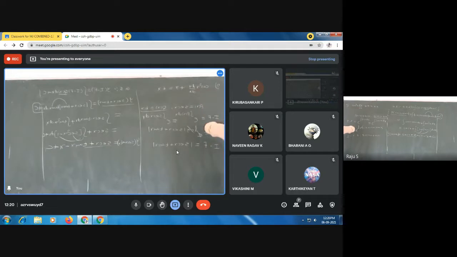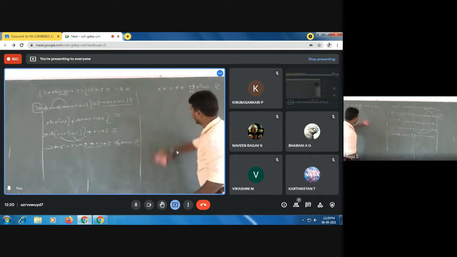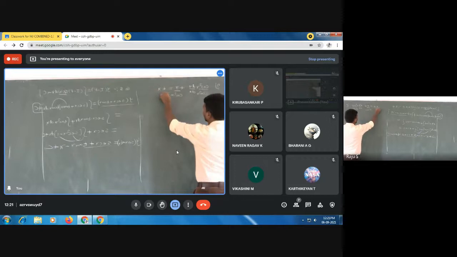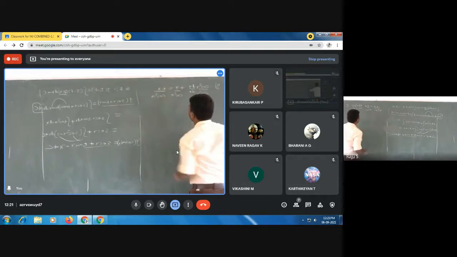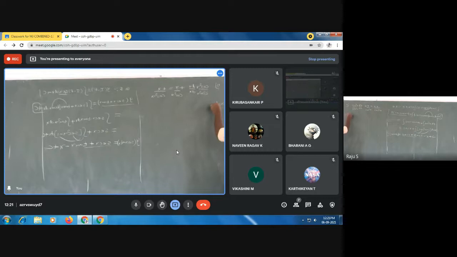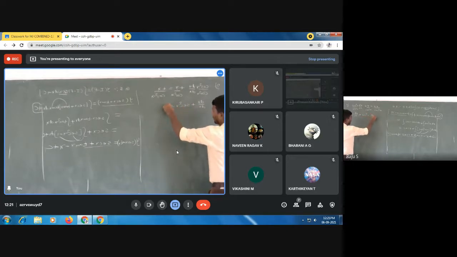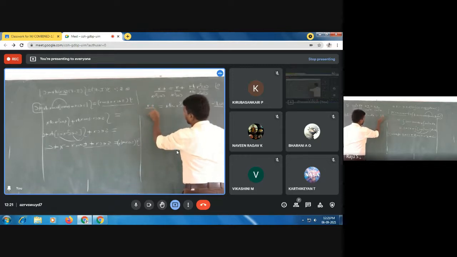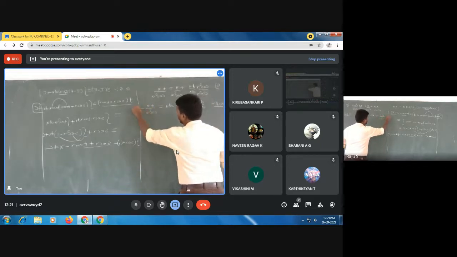First divide with cos square x. Now here it is dy by dx plus y by cos square x is equal to tan x by cos square x.